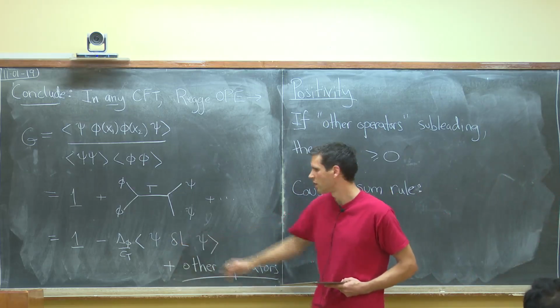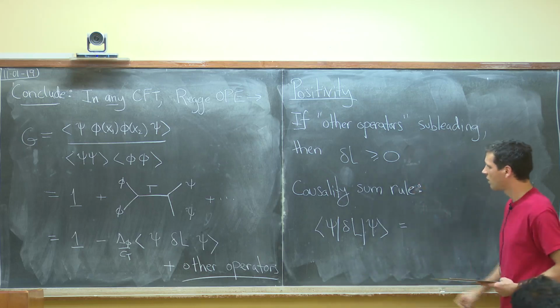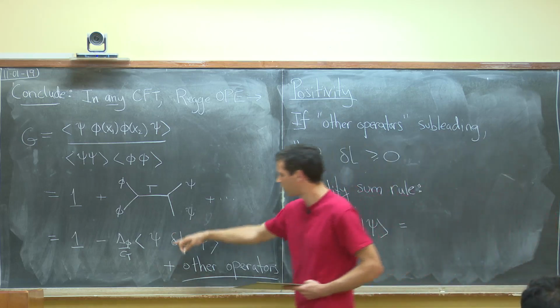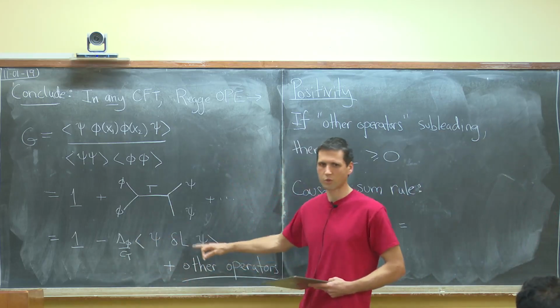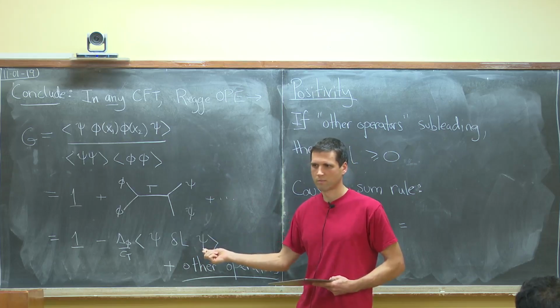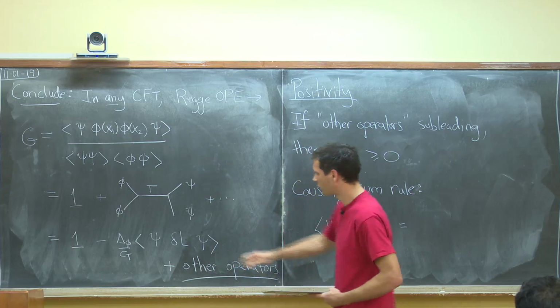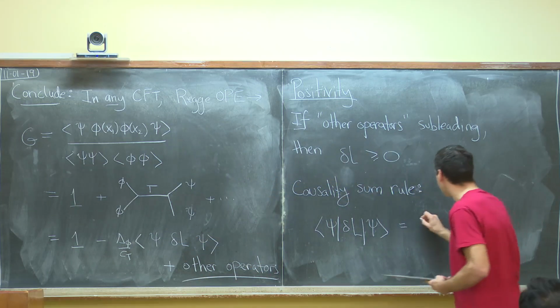And what you can show is that you can look at the kinematic dependence of this term, and you can extract it by a contour integral of the 4-point function. So you extract this term from G with a contour integral.